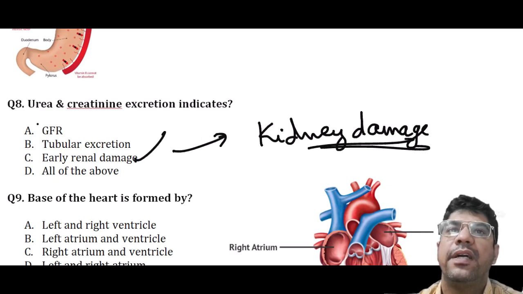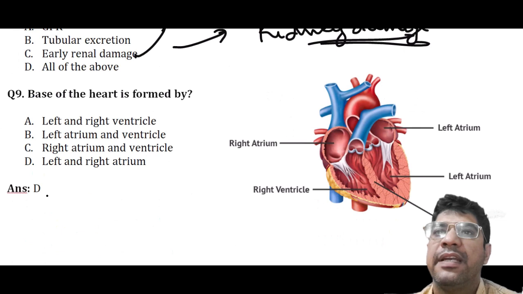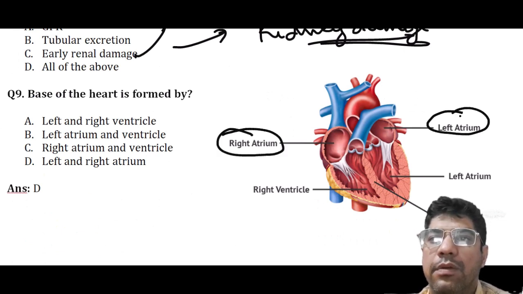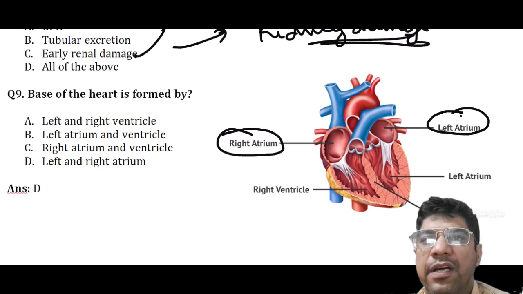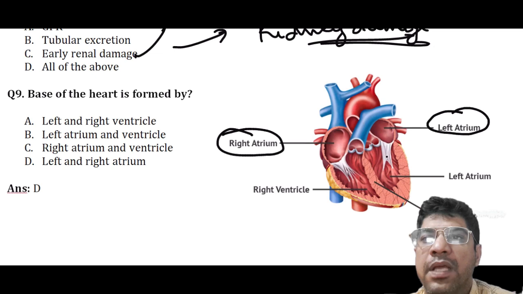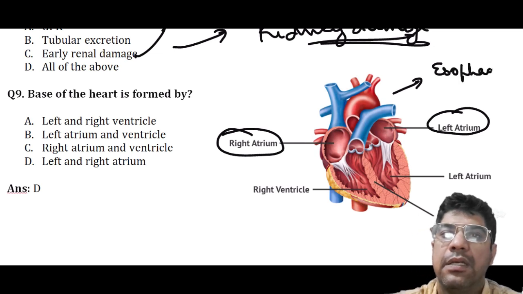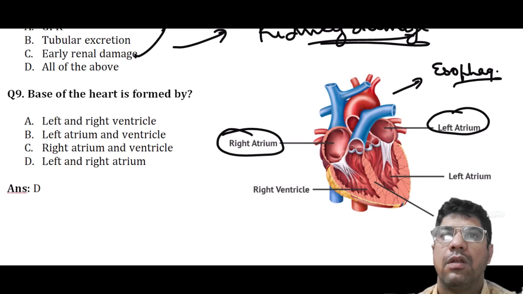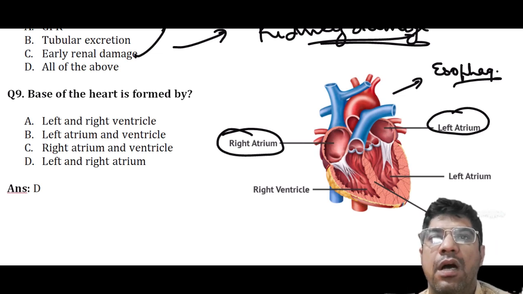The base of the heart is formed by the right atrium and left atrium. Remember, the base is the top part of the heart, and it is separated from the rest of the thoracic cavity by structures like the esophagus, aorta, etc. So think of the heart like a house.